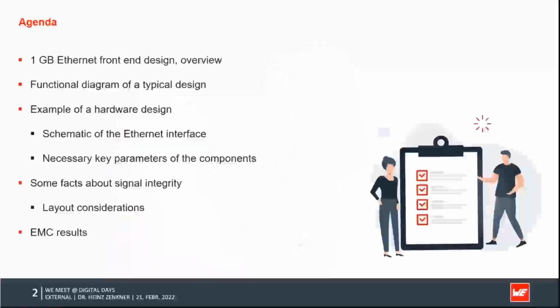I'm happy that everybody can join and the technique works so far. I'll go very quickly through the agenda so that we can get to the more important topics within the next couple of minutes. First of all, I will give you a short overview of a Gigabit Ethernet front-end design. The next topic will be the functional diagram of a typical design. Then we will go into more detail of the hardware design, to show you more technical details than in the schematic.